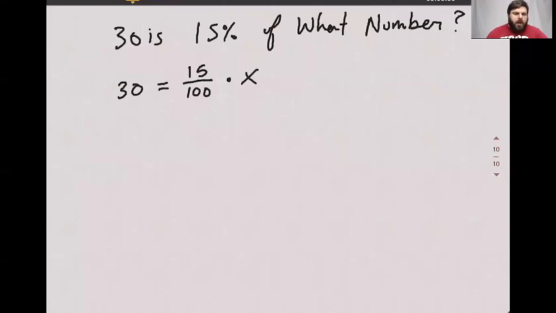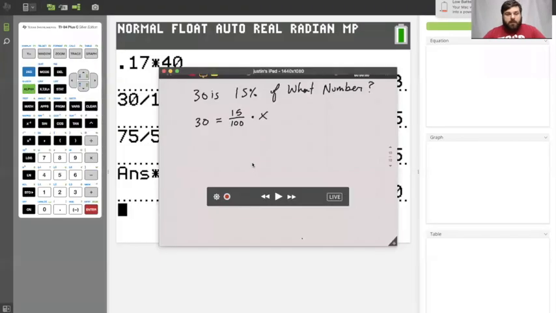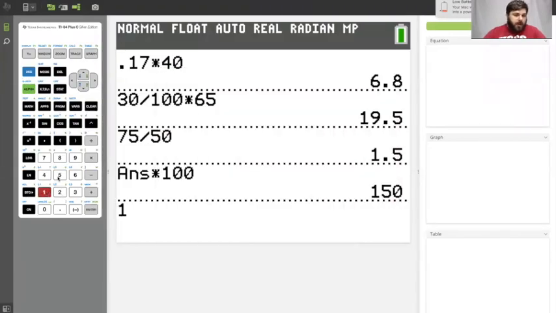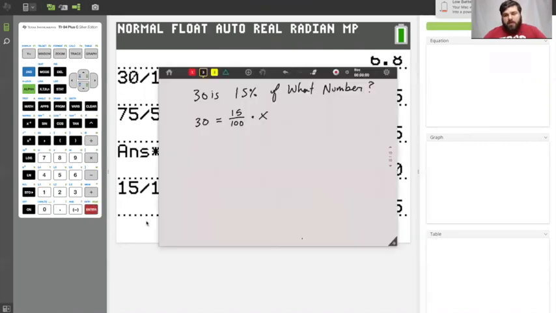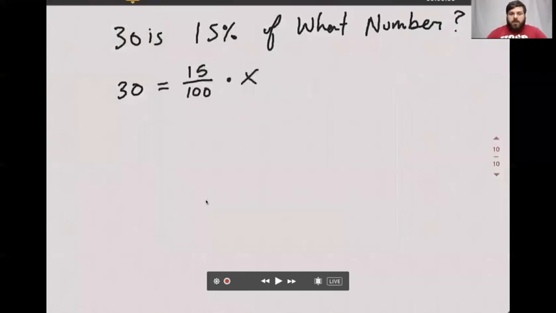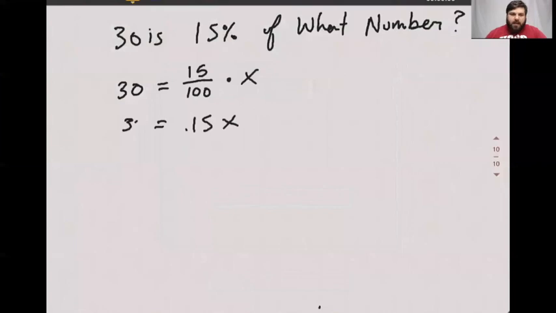So a couple ways to do this one. You could go ahead and change 15 over 100, right? That's an easy one. 15 over 100, if you type it in your calculator. Remember, you can always use your calculator if you're not sure, but you should be able to do this one by hand. 15 divided by 100 is 0.15. So you can go ahead and convert that into that decimal number and then just divide it out.